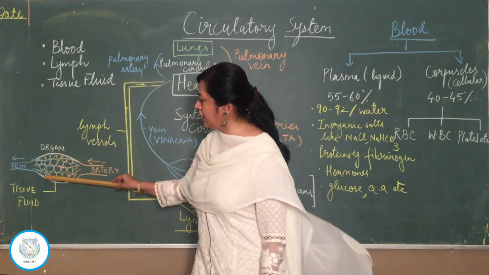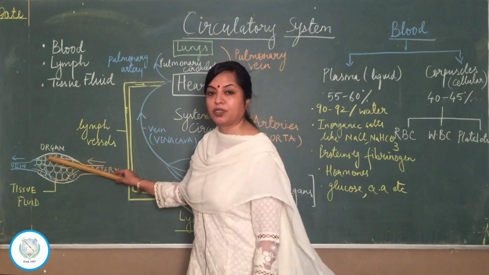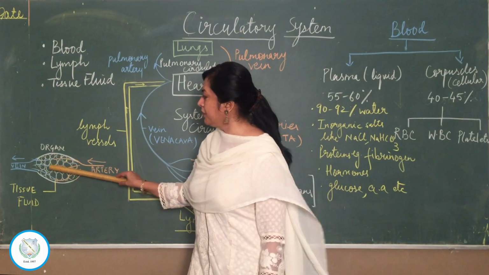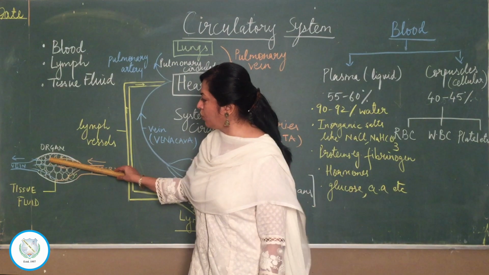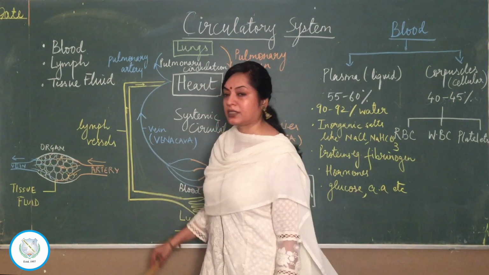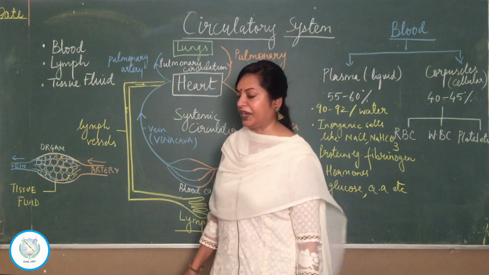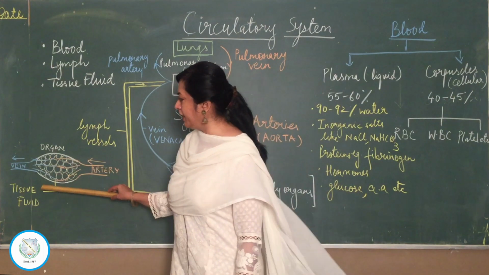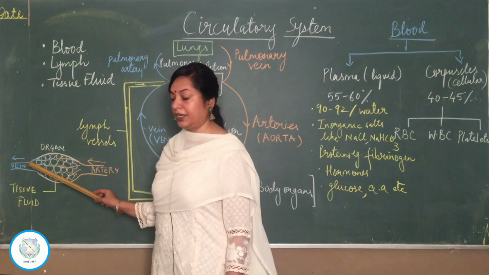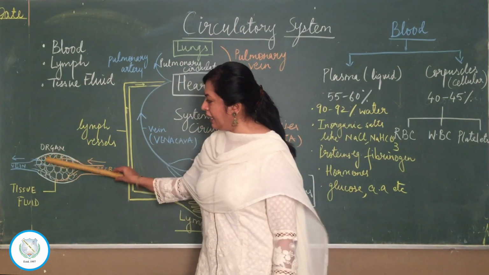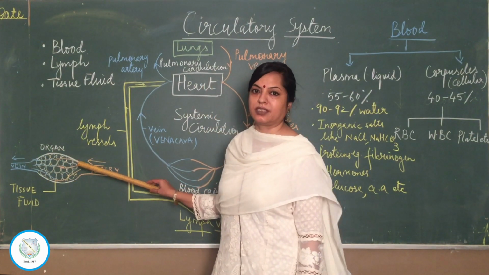And once they leak out, they surround the cells which are present in the organ. Now here in yellow dots, I have shown this leaked liquid consisting mainly of plasma and white blood cells.